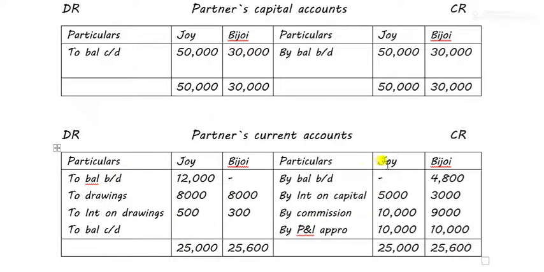But now what happens, during the year they have earned interest on capital, commission and profit, because of which their capital has again increased. Right? Now don't tell me that 12,000 is more than 4,800. Please. Because 4,800 is in credit and 12,000 is in debit. There's a difference.